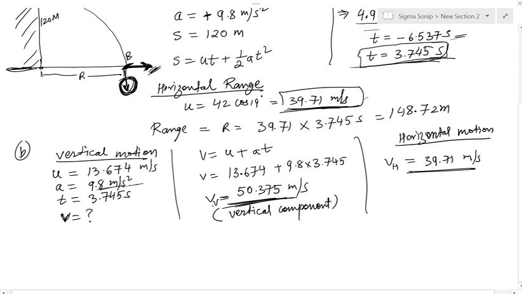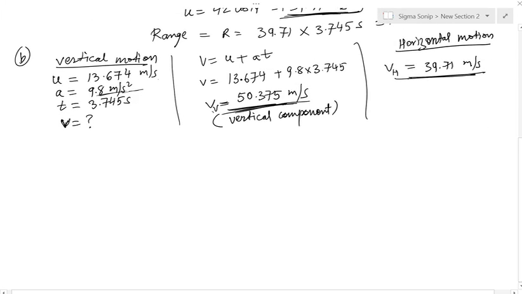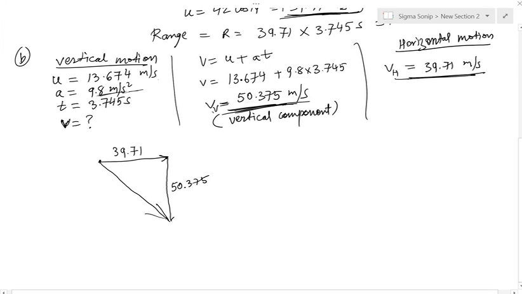Now to find the total velocity at point B, I need to add these two components, horizontal and vertical, and adding these is straightforward. We draw them in a chain. I will draw the horizontal first, with length 39.71, and the vertical is downward like this, 50.375, and my final velocity is that, which I need to find.